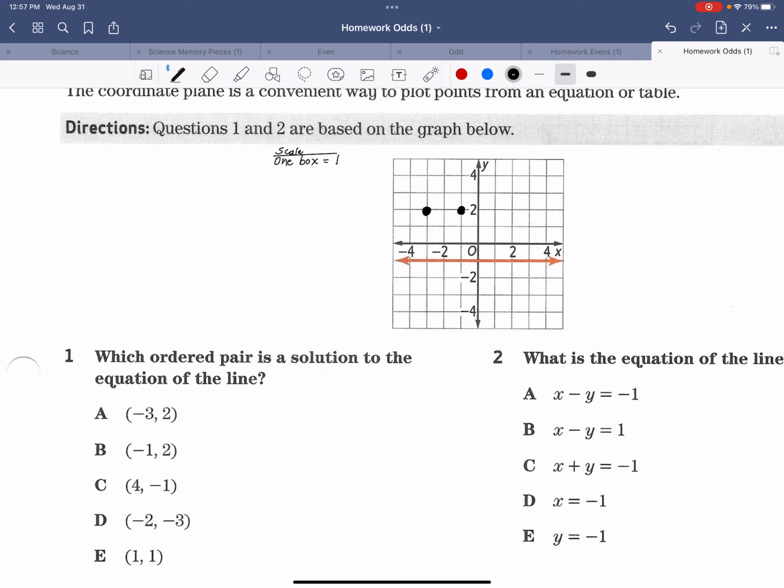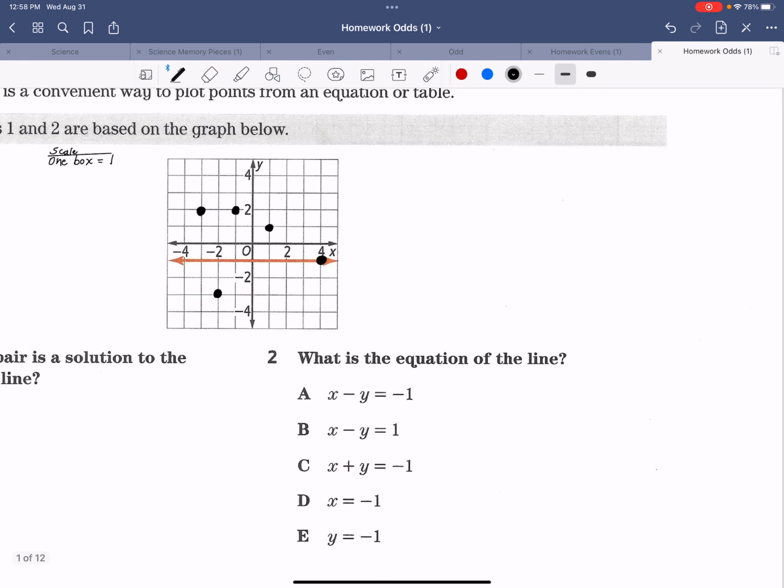Over 4 and down 1 is on the line. Back 2, down 3 is not on the line. 1, 1 is not on the line. So the only one of these coordinates that is on the line is C. So number 1, the answer should be C.